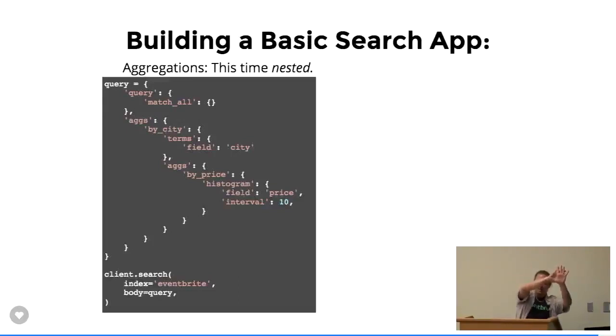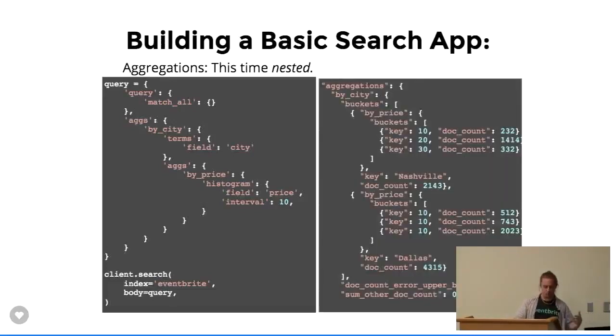And then within that aggregation, do a histogram so that we can show our users, here's the price distribution within the city that you're interested in. The results come back. Very similar structure, except it's appropriately nested, so that for each city bucket, you have the count, and within that, you have sub-buckets for the histogram, so that you can draw it on the screen.